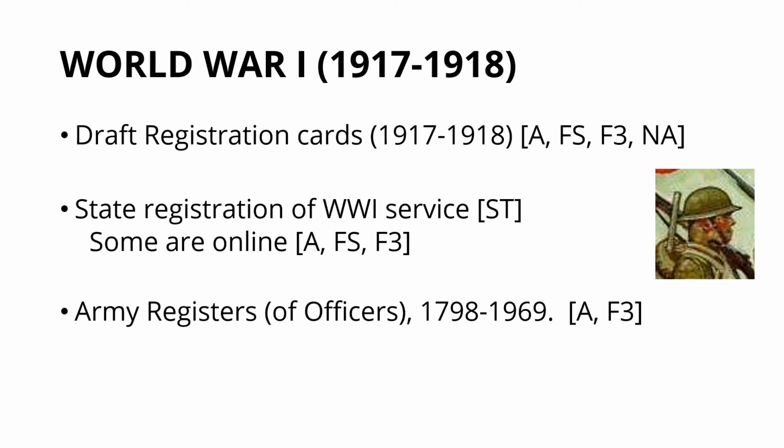Each state registered its residents who served in the military during the war, giving details of enlistment and service. Some of those records are now online. Officers' careers are in the Army registers, published periodically since 1798.